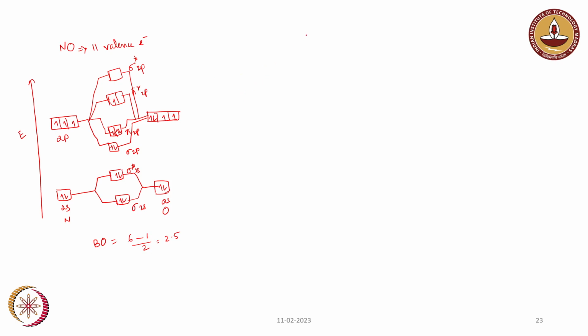And the other molecule is carbon monoxide, CO. It has 10 electrons and it is similar to nitrogen.